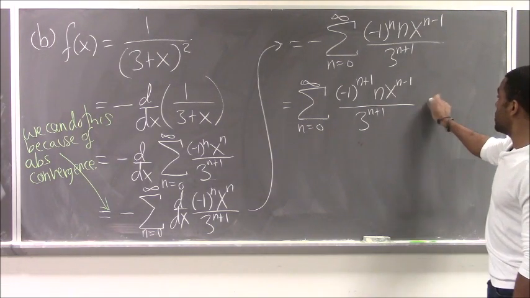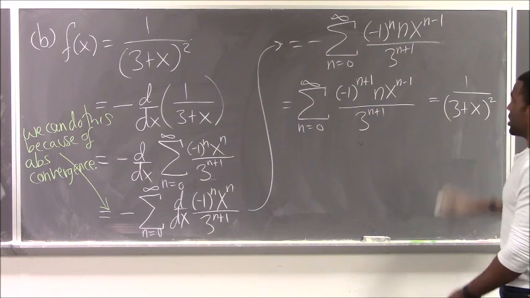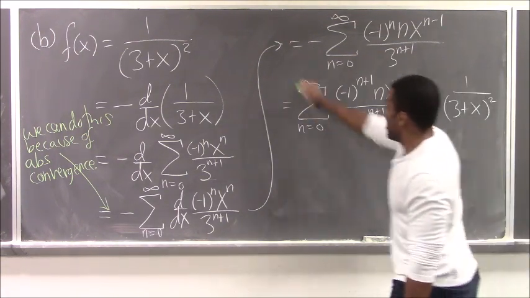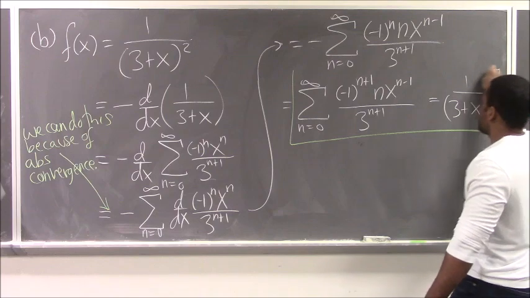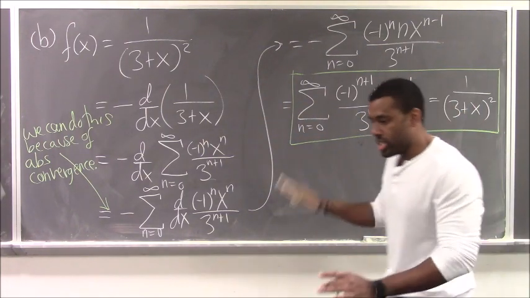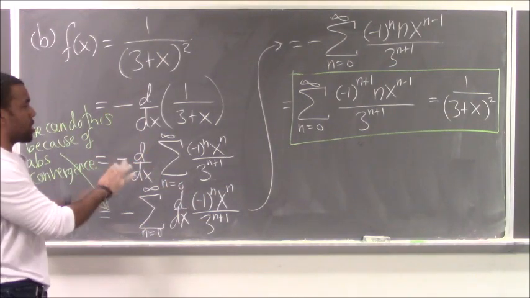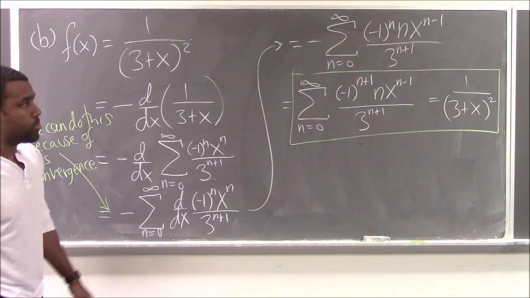And that is a way that we can think about this function, 1 over 3 plus x squared. Right now we're just playing the game of using a formula to our advantage here and differentiating the formula.